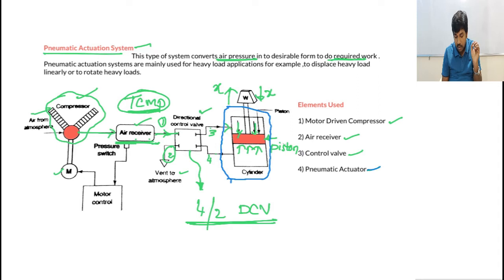Why? Because this cylinder and piston and cylindrical rod all together take the help of air pressure to generate linear displacement. Clear? Similarly, suppose by chance we get angular displacement as the final output, then this will be called a pneumatic motor.